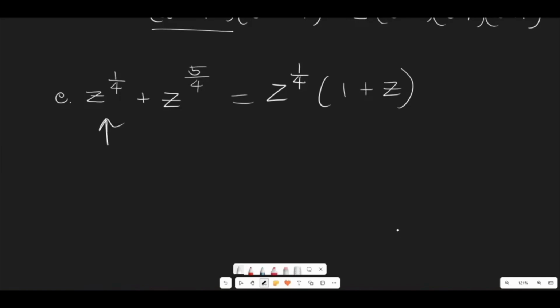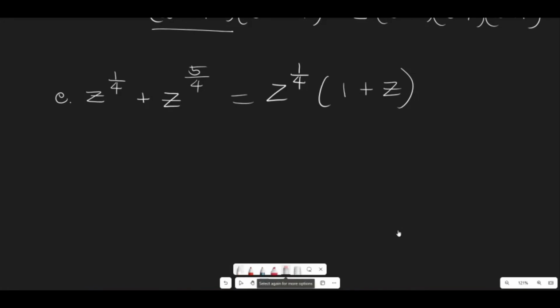We see we have z to the power of 1 over 2 and z to the power of 5 over 4, right? We can't open two brackets. We can't do anything else except taking out a common factor of z to the power of 1 over 4, right? I hope that you guys agree with me.